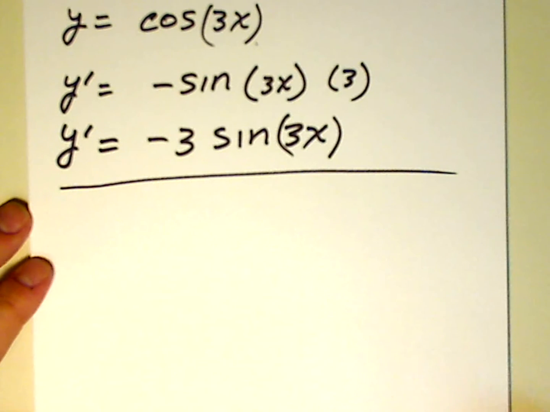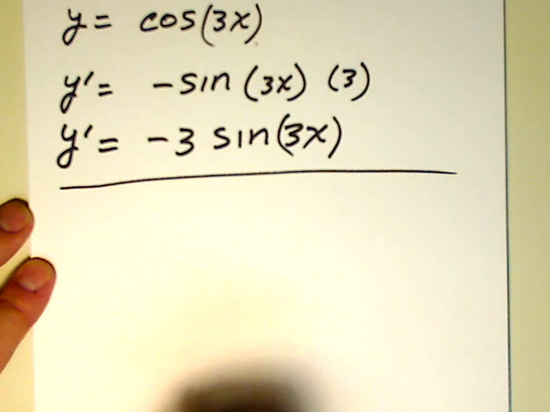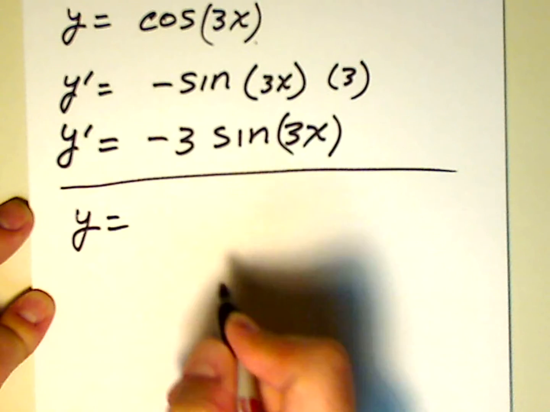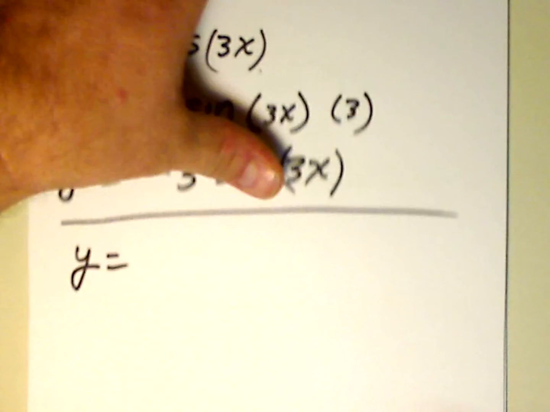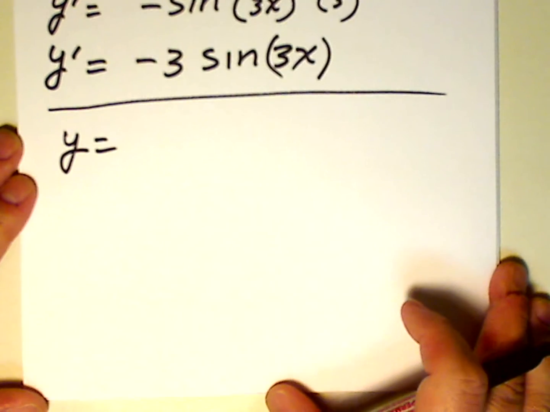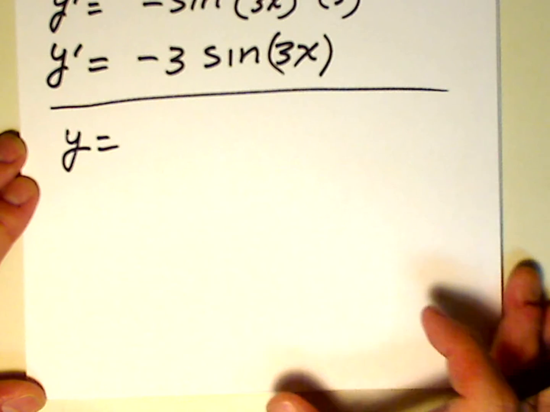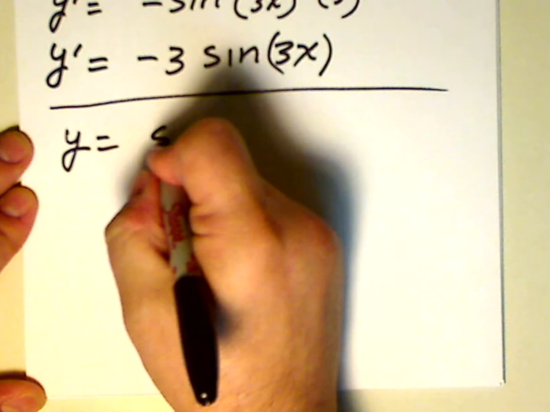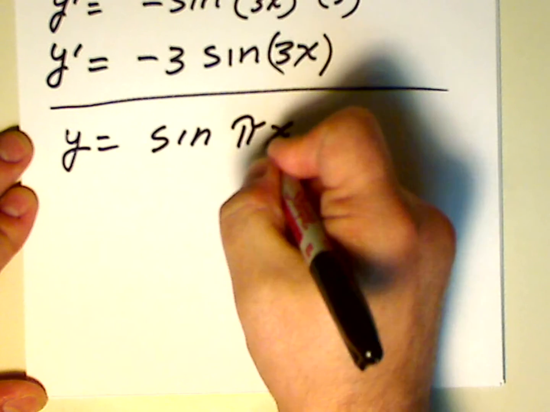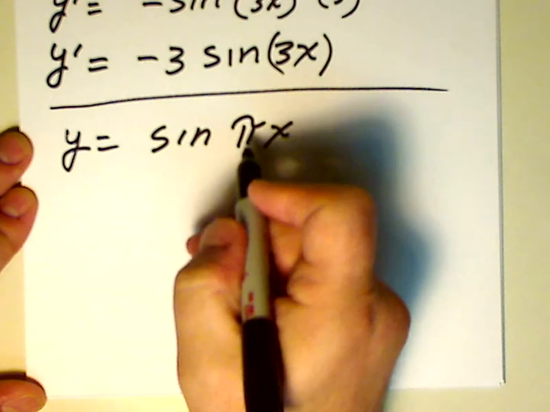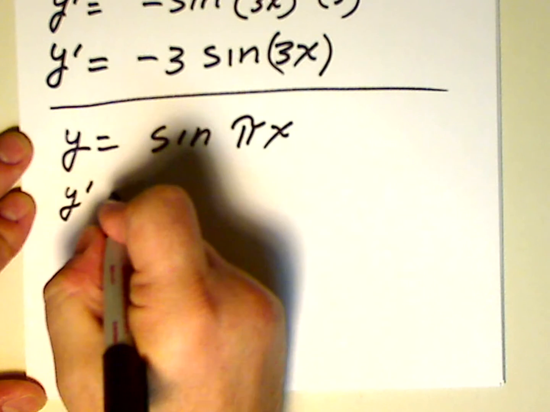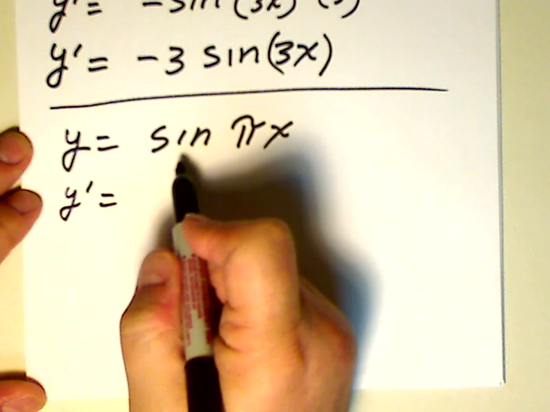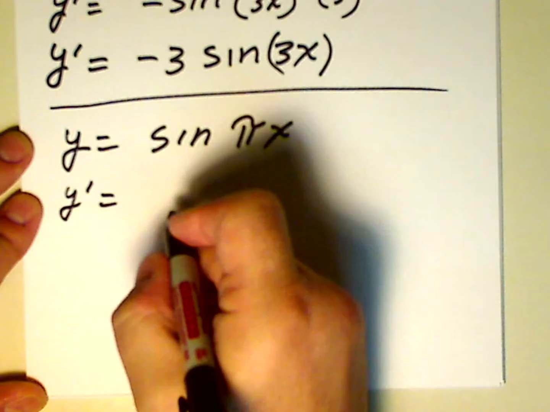We'll do 1 or 2 more here real quick, and then I'll put some more trig functions on the next video. How about this? Y is equal to, actually I shouldn't do that, I'll probably do something wrong. Y is equal to, how about sine pi x? Okay? So y prime, the derivative of sine is cosine.